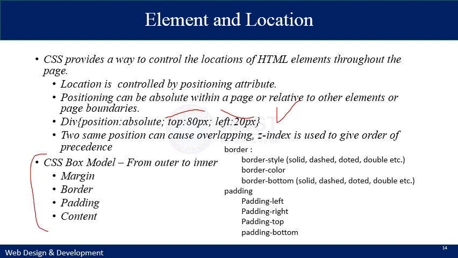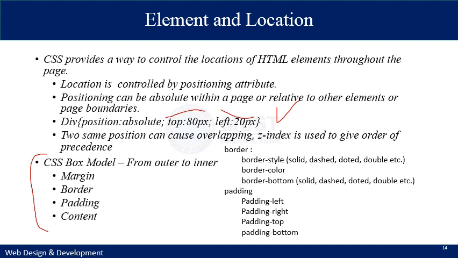Most importantly, the CSS elements are covered by the CSS box model, from the outer layer to the inner layer. At the outside of any element, there is a space called margin.